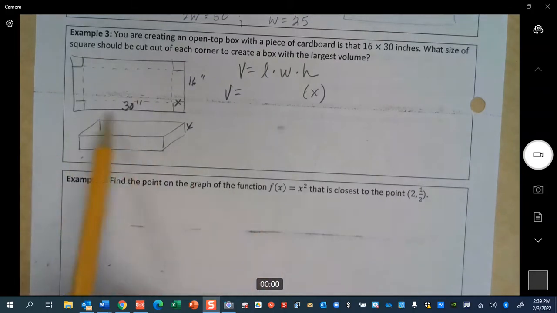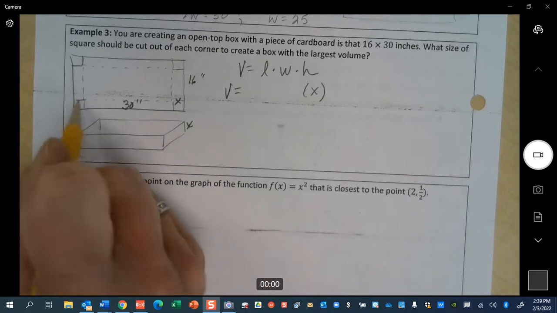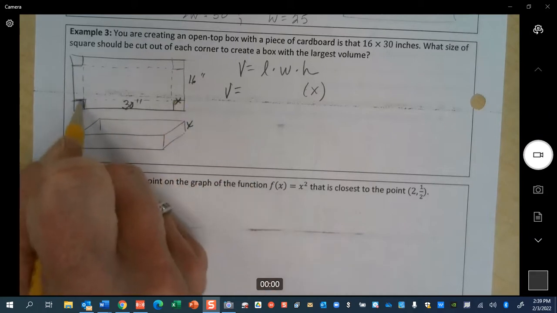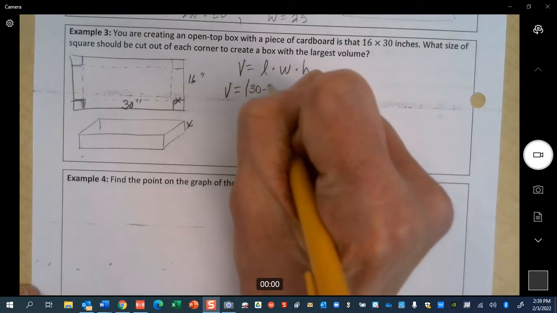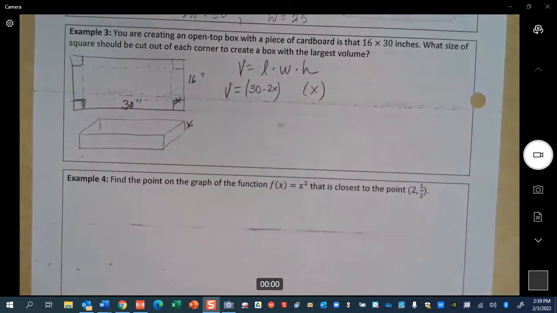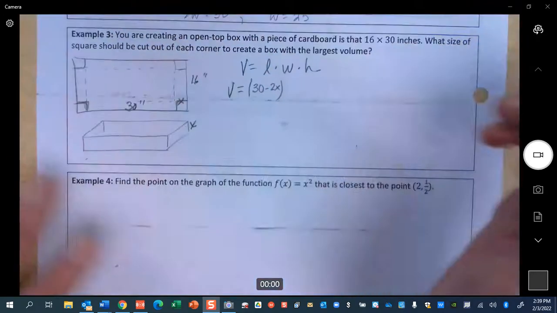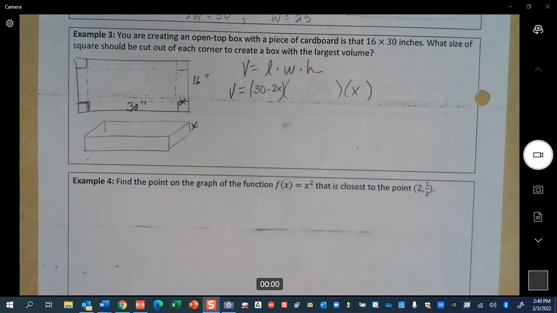What would you say my length of my box is? 30. But I don't have this in here. 30 what? Yep. What would you say my width is?